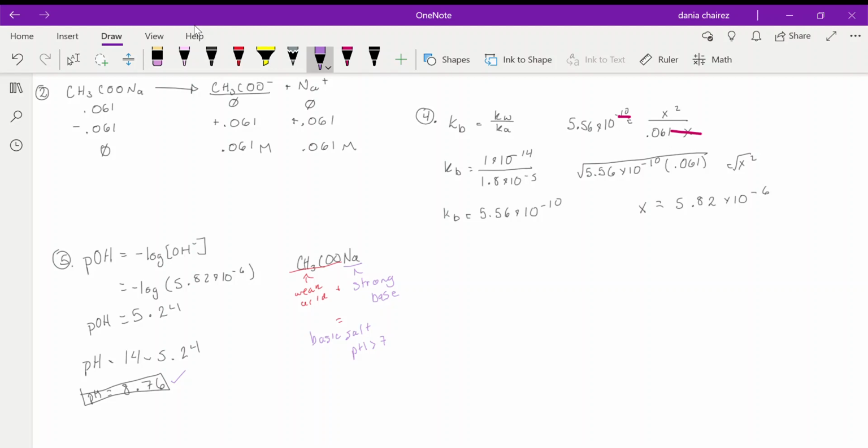And that's pretty much all you have to do for finding the pH of your acidic or basic salts. And then once you get a neutral one, all you have to do is tell me that it's about 7 or very close to 7, just because strong plus strong shouldn't change the acidity of my water. So yeah, that's pretty much it for this one.